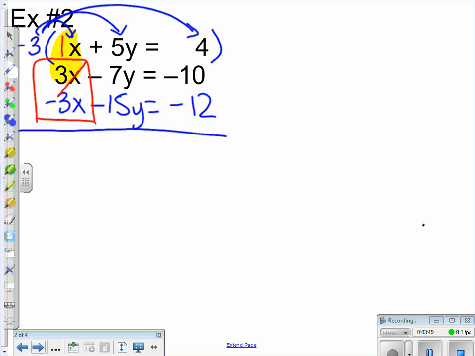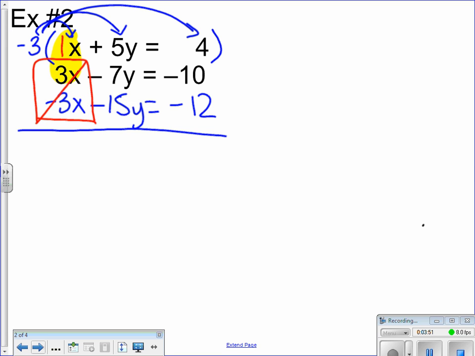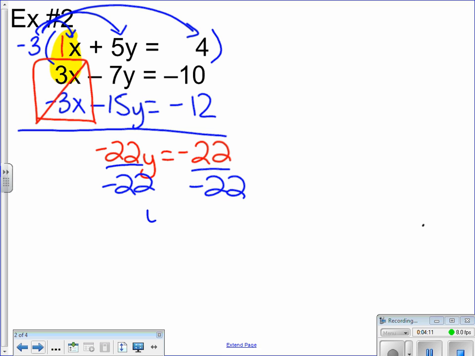So we have one positive x and one negative 3x. So those two are gone. Now combine the rest of the variables. Negative 7 and negative 15 makes negative 22y. Negative 10 and negative 12 makes negative 22 also. Divide by negative 22, y equals 1.